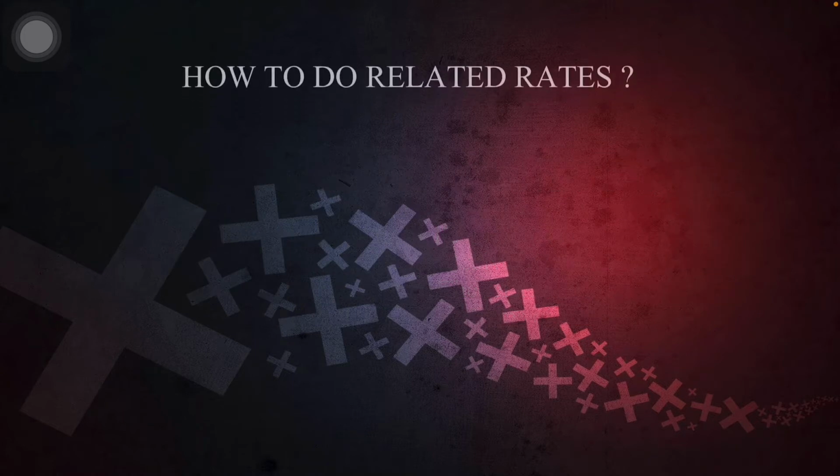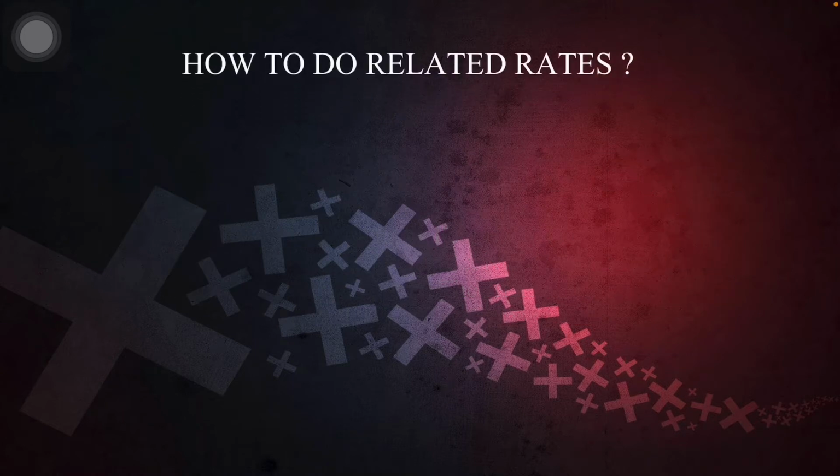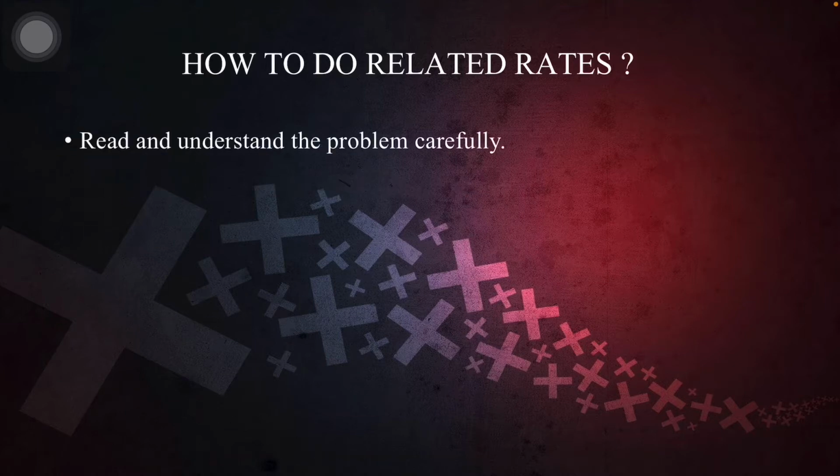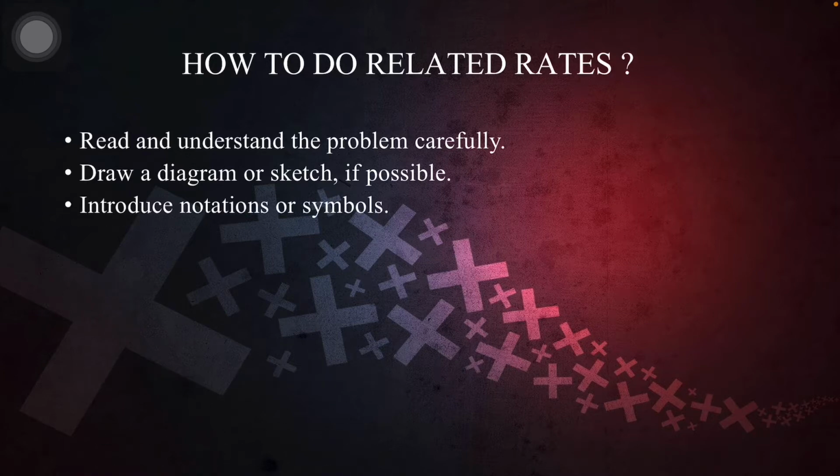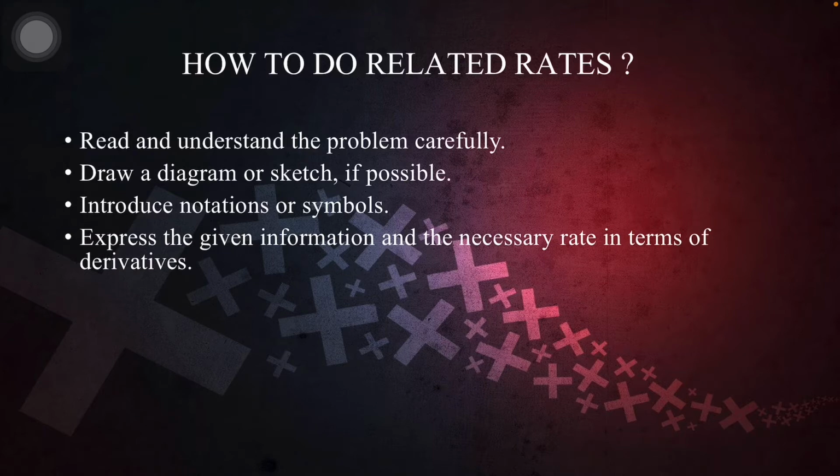Next, how to do related rates? There are 7 basic steps. First, read and understand the problem carefully. Next, draw a diagram or sketch if possible. Third, introduce notations or symbols. Fourth, express the given information and the necessary rate in terms of derivatives.